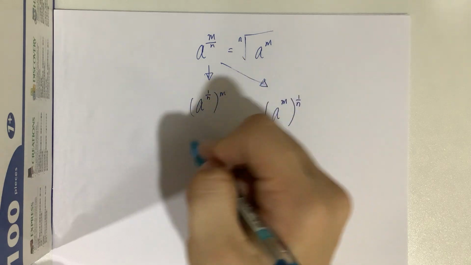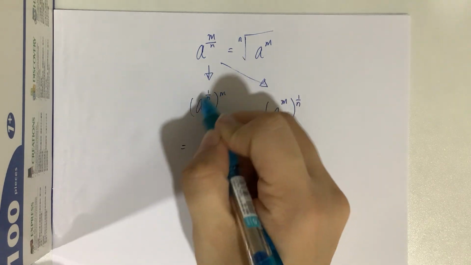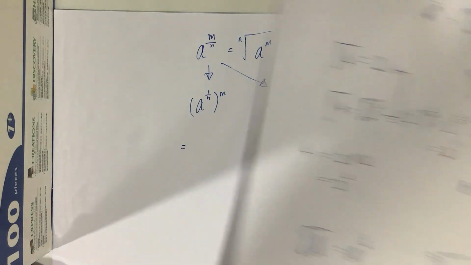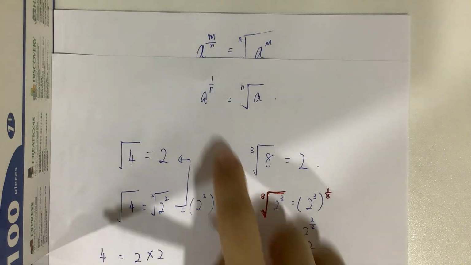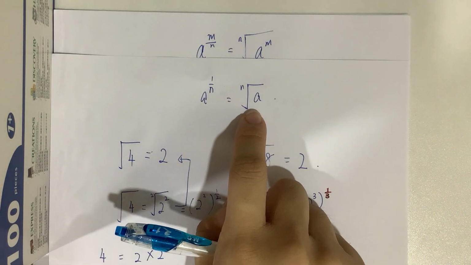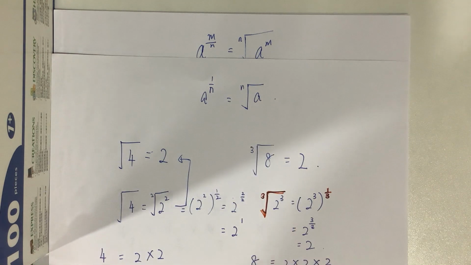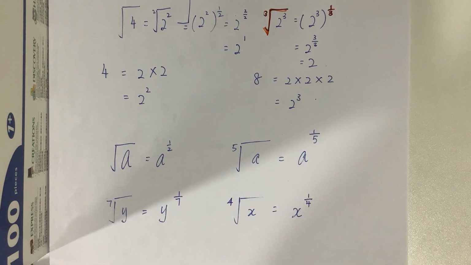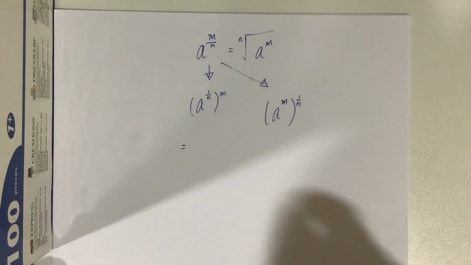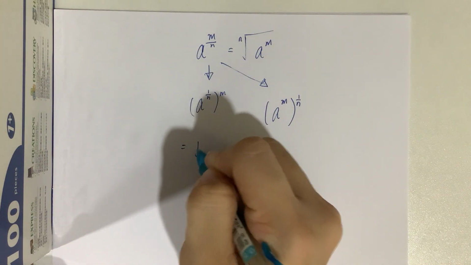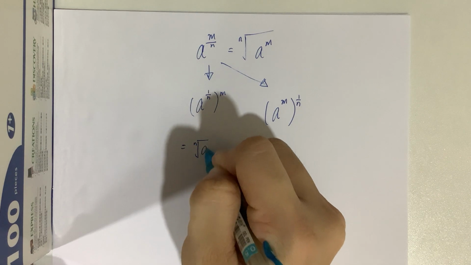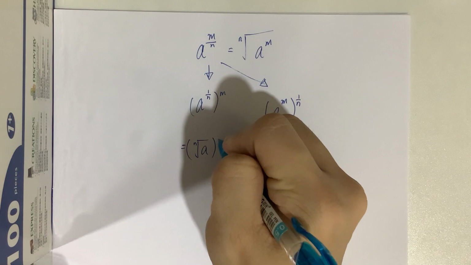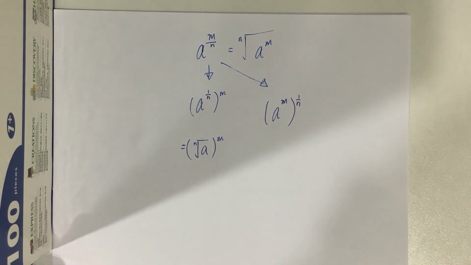So if this is the rule, and you know from my previous video that a to the power 1 over n is actually the nth root of a, then you will know that this is actually the nth root of a, and bracket m.